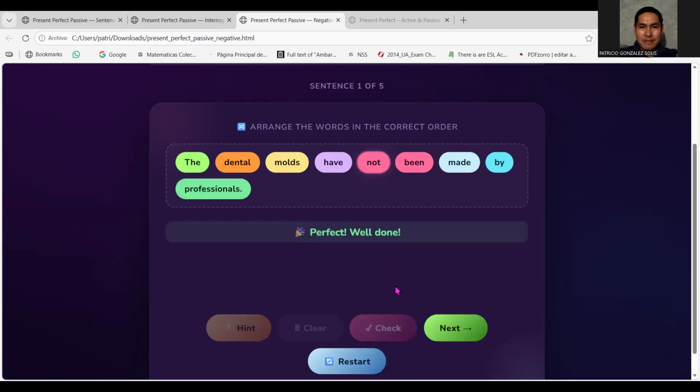Right, my dear Jacqueline Alondra. It's the first negative. Second negative.